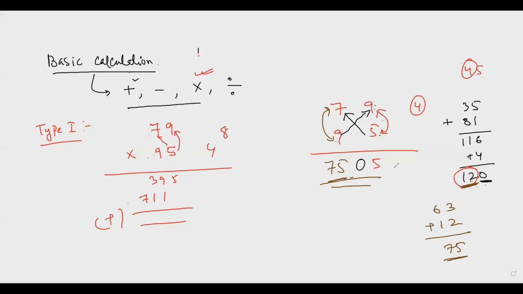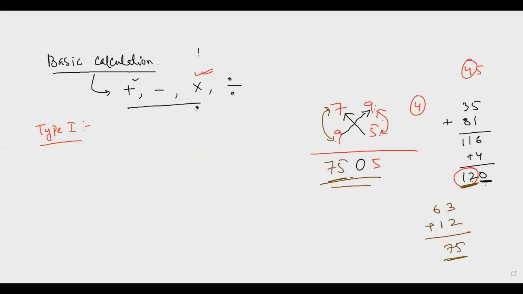Okay. If you don't want to do this multiplication again, what you can do is another technique. What is that? 79 into 95. See, how you can do it: 95 is 90 plus 5.